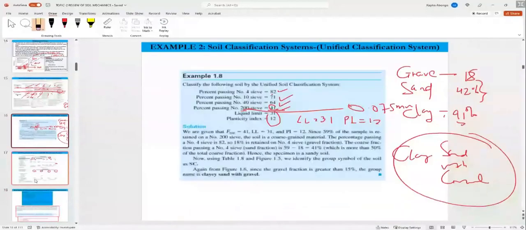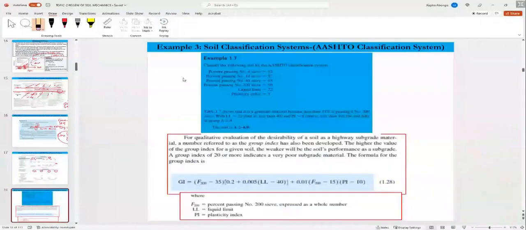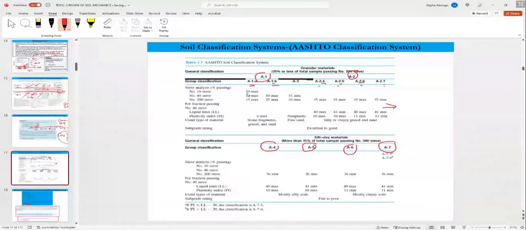Let me just close this because some of you are going to use this to get the answer. All right, that's sieve number 10, 87% passing. Sieve number 10, 50% maximum. So 87% is more than 50%, right?